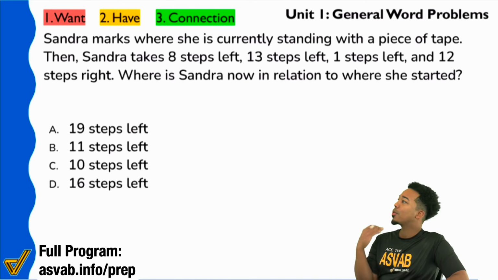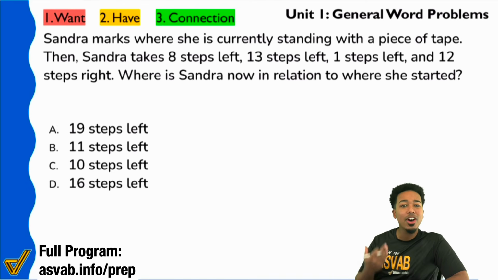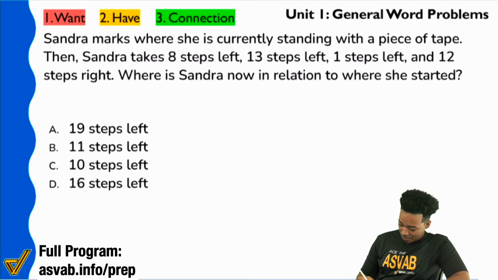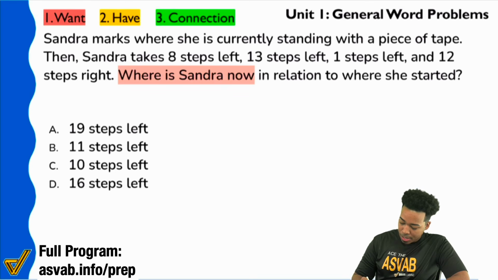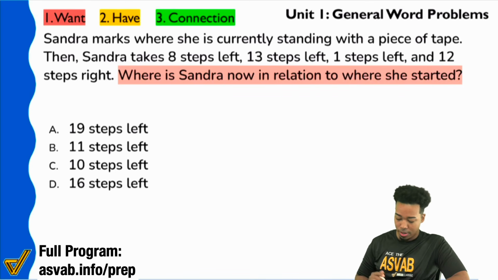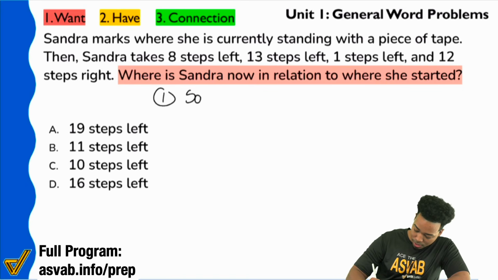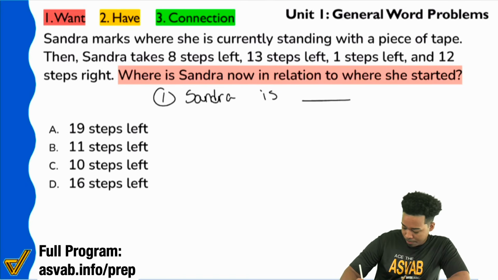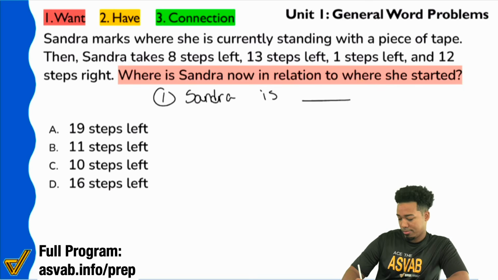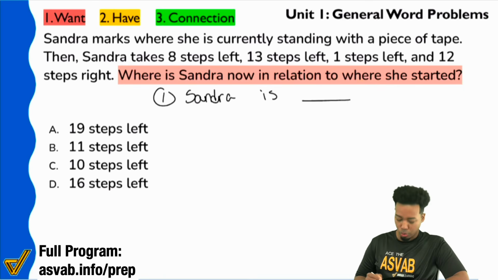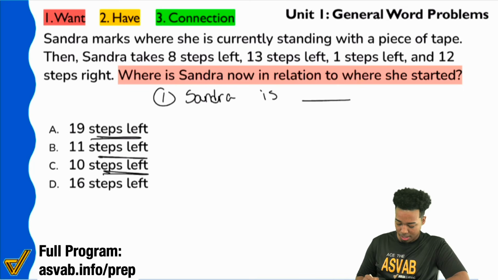At first, what do we always say? Read the question first. So here we have it. It says, where is Sandra now in relation to where she started? So basically, where is Sandra now? Sandra is blank steps or whatever. Because we look at the answer choices, we see that it says steps left, steps left, steps left, steps left.